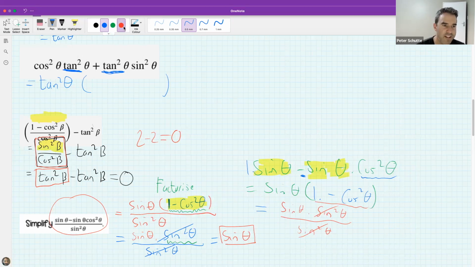Now, what goes inside the brackets? Who would like to tell me? What do you think goes inside the brackets?